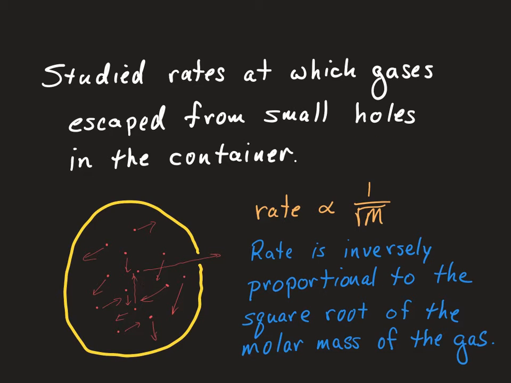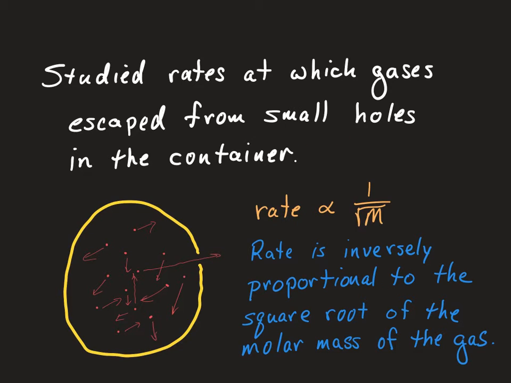If this represents the container and the small hole, molecules are moving in all directions at all speeds. At any moment, some molecule going in the right direction might escape from the small hole.